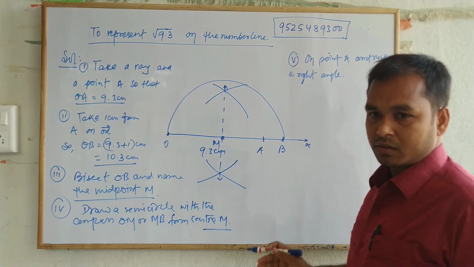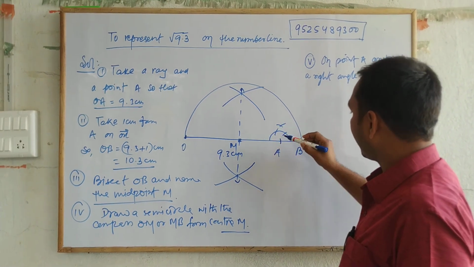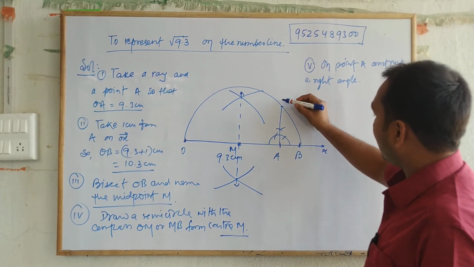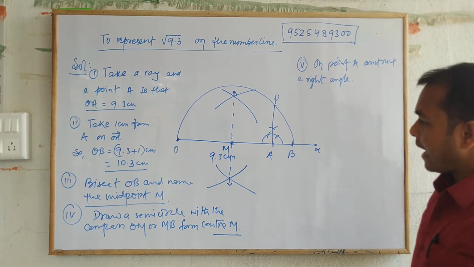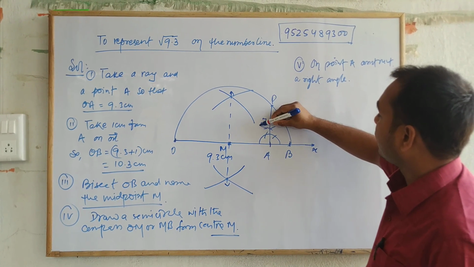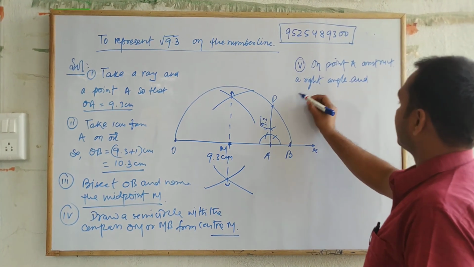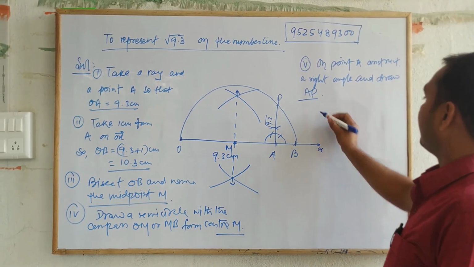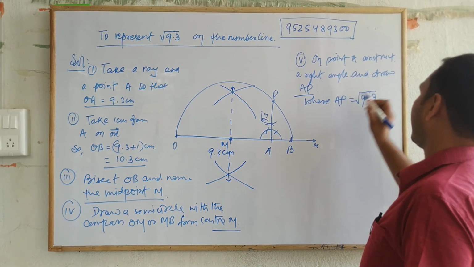With the help of a compass or a protractor, we can draw an angle of 90 degrees. This 90 degree angle intersects the arc at point P. This is the line segment AP, and this line segment will be equal to root under 9.3, where AP is equal to root under 9.3.